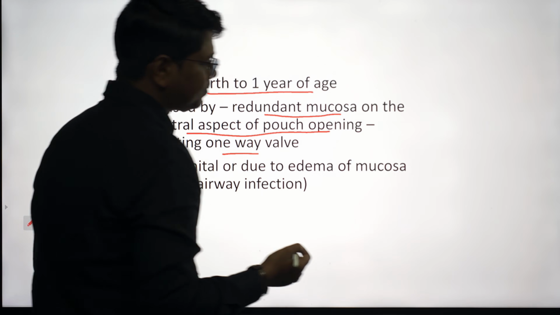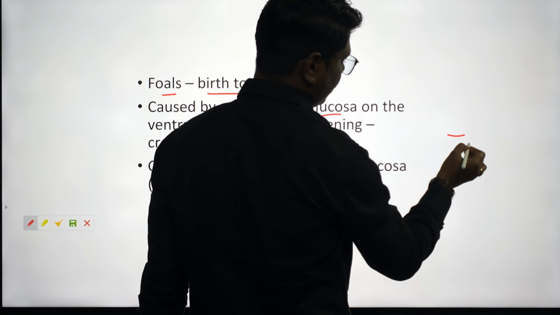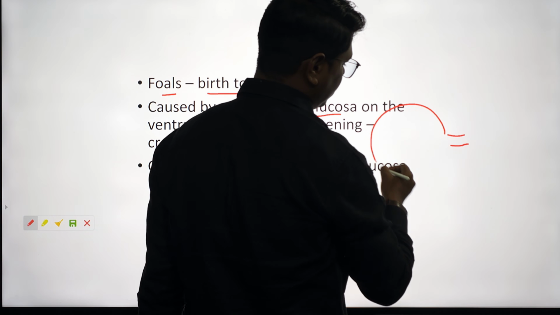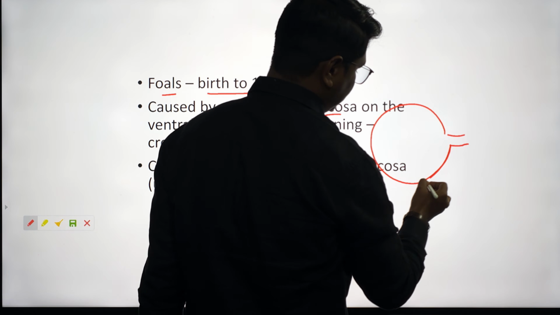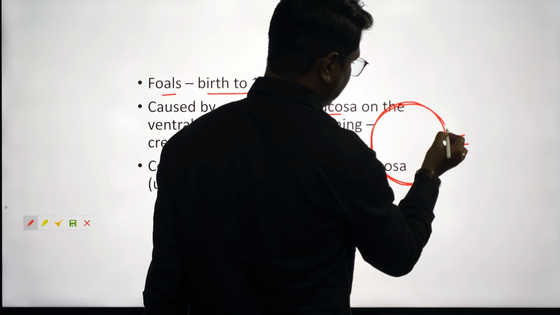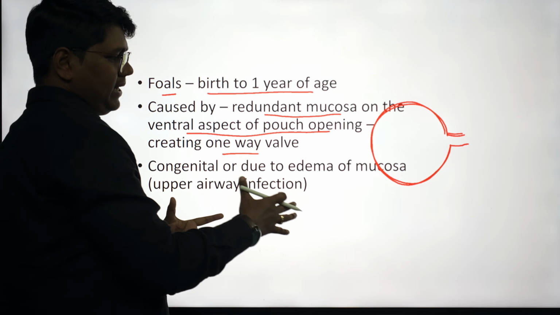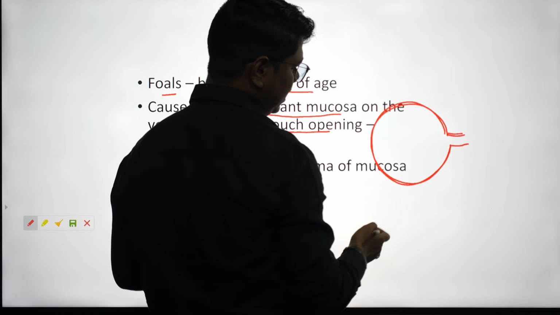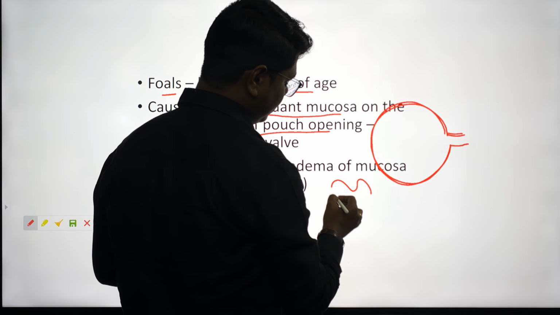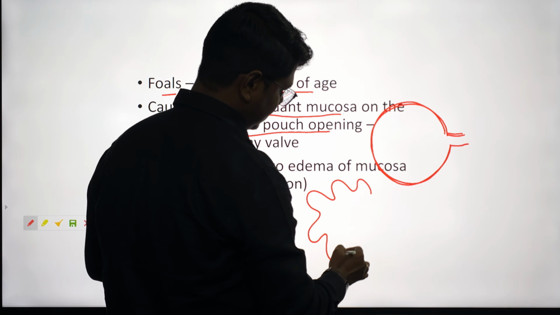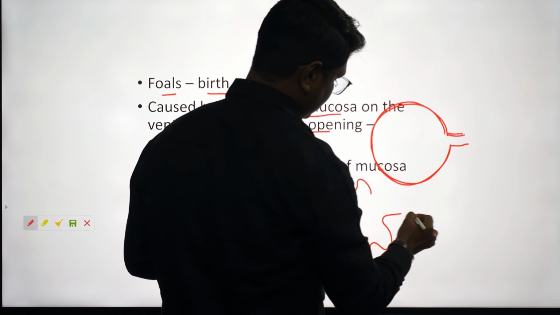How does it happen? So there is the guttural pouch opening. This is the pouch. So this pouch is basically a membrane. Sometimes when there is edema, most commonly edema of this particular membrane, the membrane becomes slightly tortuous like this. So this is the opening.